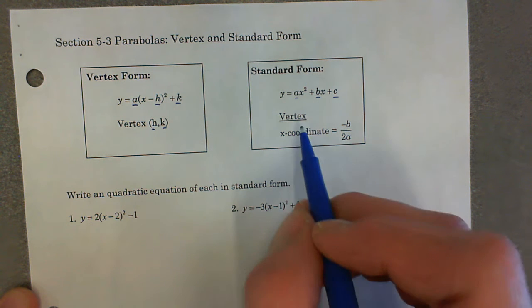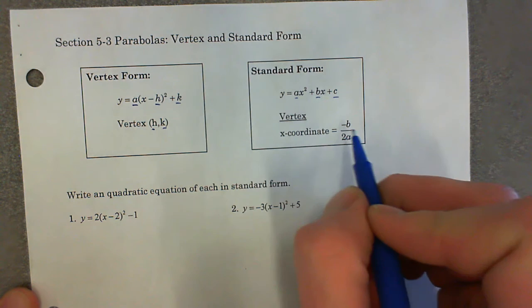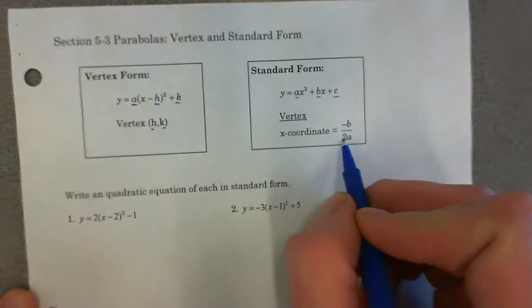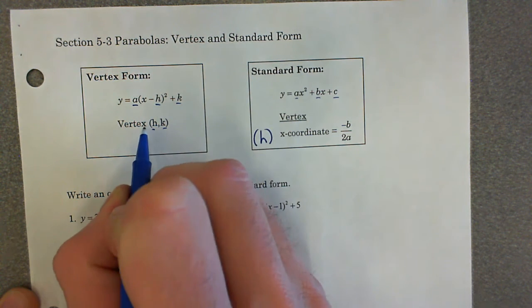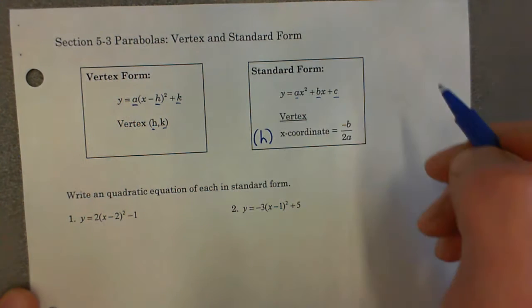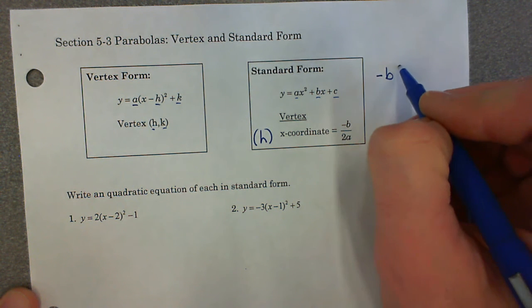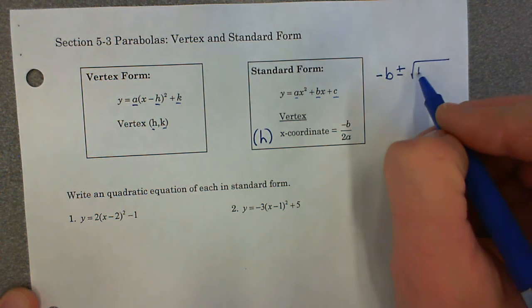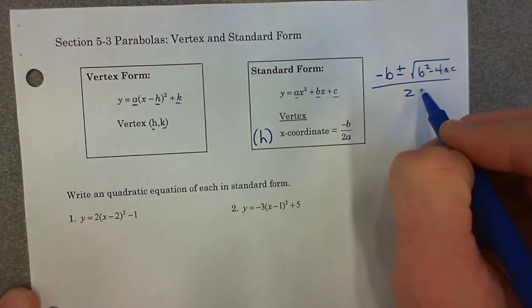Well, the x-coordinate of the vertex in standard form is based off of the formula opposite of b over 2a. So this x is actually your h value for your vertex. And you might recognize this formula here, opposite of b plus or minus square root of b squared minus 4ac all over 2a.